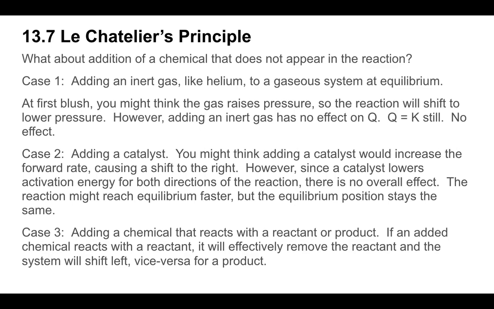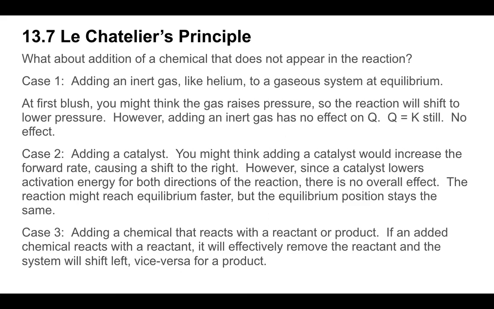And then finally, what if we add a chemical that might react with one of our reactants or our products? Well, if it reacts with it, it's going to make its concentration go down. So let's say we have a chemical like oxygen that reacts with hydrogen to make water vapor. How's that going to affect the nitrogen and hydrogen ammonia reaction?